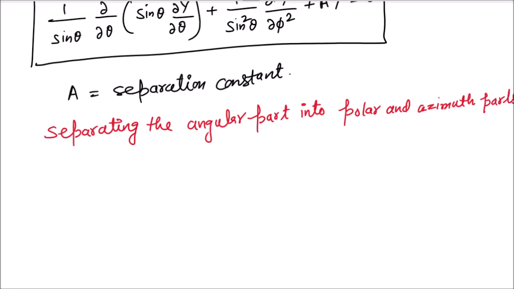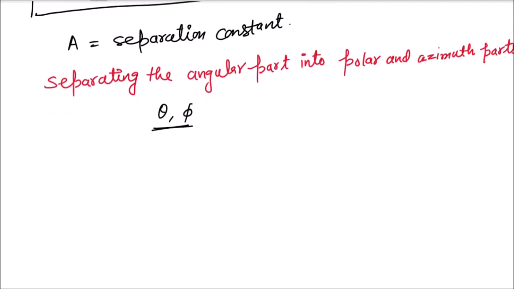Okay, now the angular part still contains terms which depend on both theta and phi. So another separation of variables is needed.